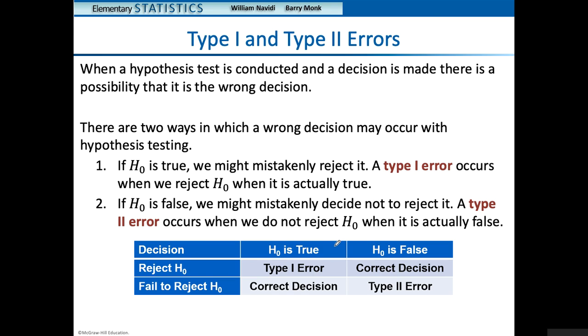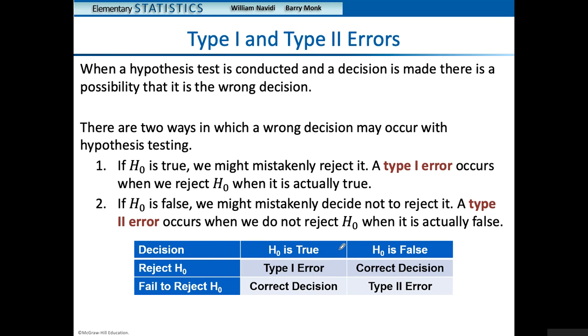So if the null hypothesis is true, but we reject it, that's an error, right? You don't want to reject a true hypothesis. Specifically, that's a type 1 error. If the null hypothesis is false and we don't reject it, that's also an error, right? You should reject a false hypothesis, and that's referred to as a type 2 error.